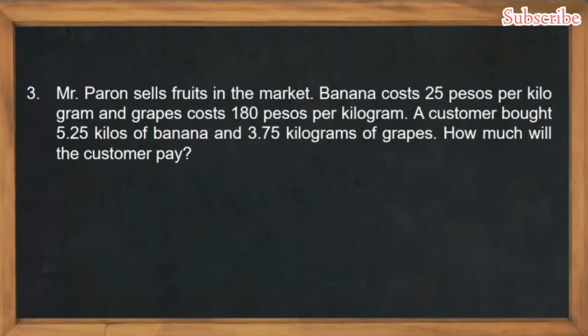Bananas cost 25 pesos per kilogram, and grapes cost 180 pesos per kilogram. A customer bought 5.25 kilos of bananas and 3.75 kilograms of grapes. How much will the customer pay?